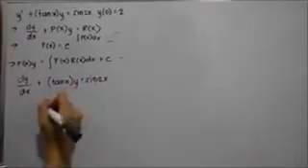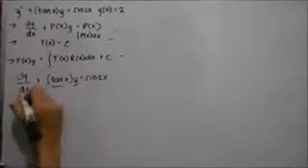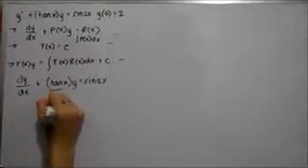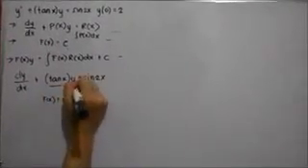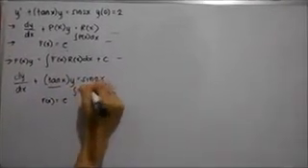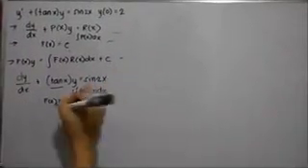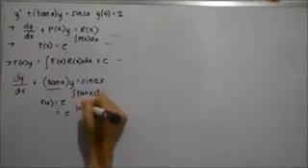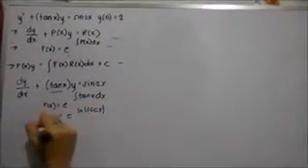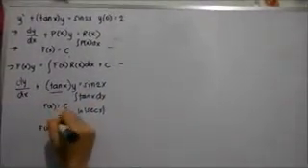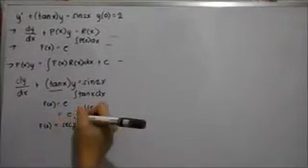In this equation, tangent of x is the p of x. So f of x is equal to e to the integral of tangent of x dx. And the integration of tangent of x is ln of secant x. So f of x is equal to secant x.